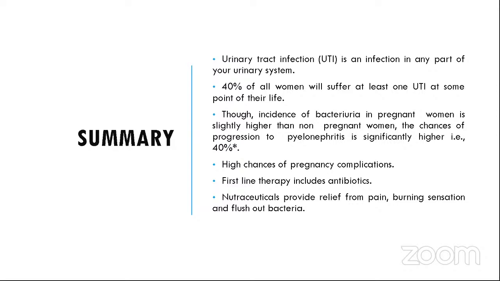The chance of progression to pyelonephritis is significantly higher, about 40%. There are high chances of pregnancy complications. First-line therapy includes antibiotics that are safe in pregnancy. Alkalizers provide relief from pain and burning sensation.